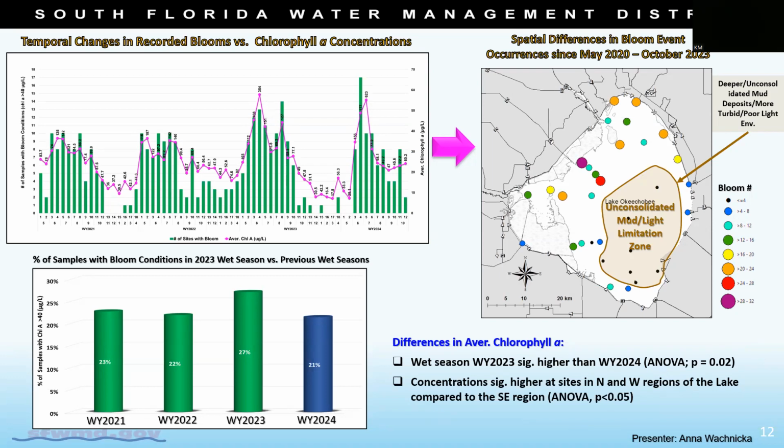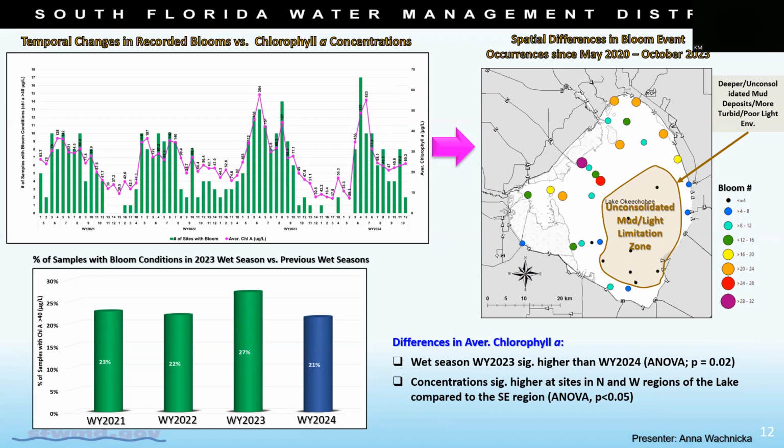Okay, so on this map again, I calculated, since May of 2020 when we began the monitoring, which sites had most of the bloom conditions. You can clearly see that those northern sites are where we recorded bloom conditions more frequently, compared to, for example, that really muddy zone in the central part of the lake, where the blooms are limited by light.